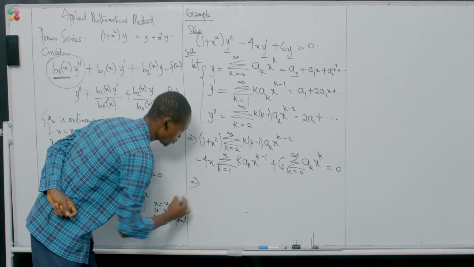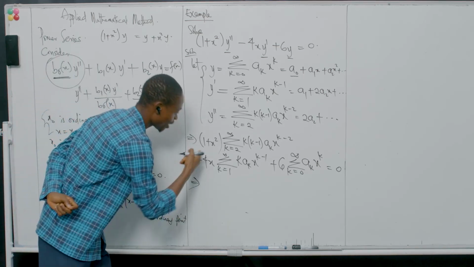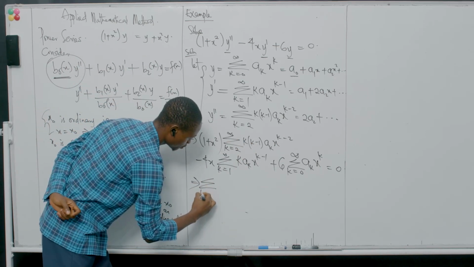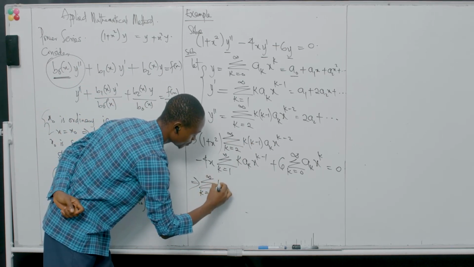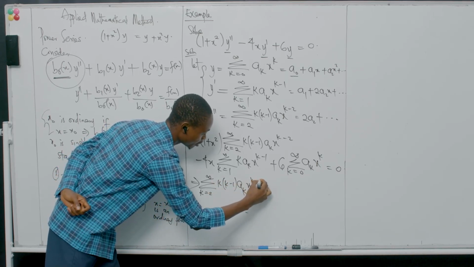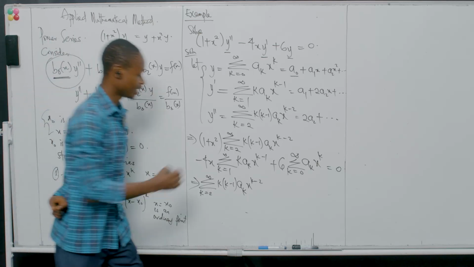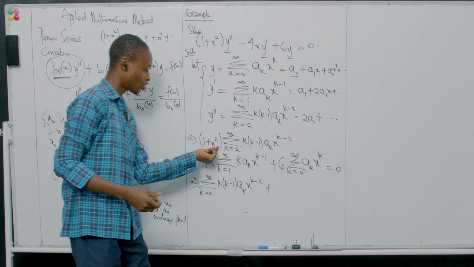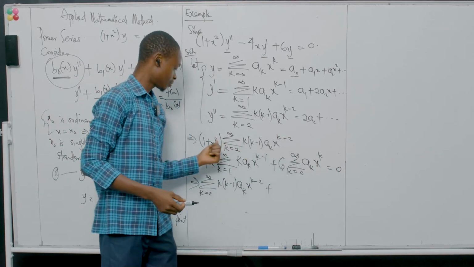So what would this give us? 1 times all this sum. That would simply be summation k starting from 2 to infinity, k minus 1, ak x raised to k minus 2, then plus x squared times this. So obviously we know that law of indices will apply, right?